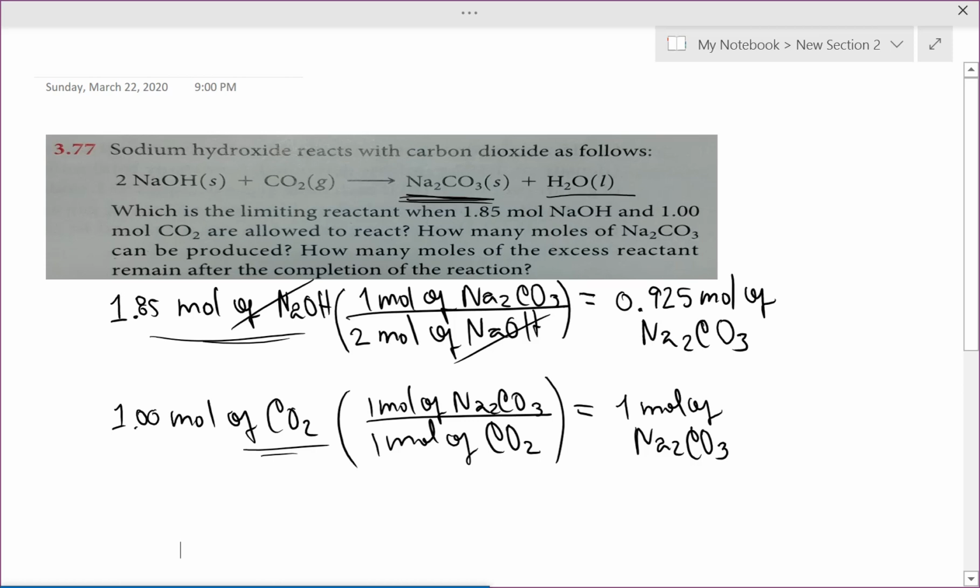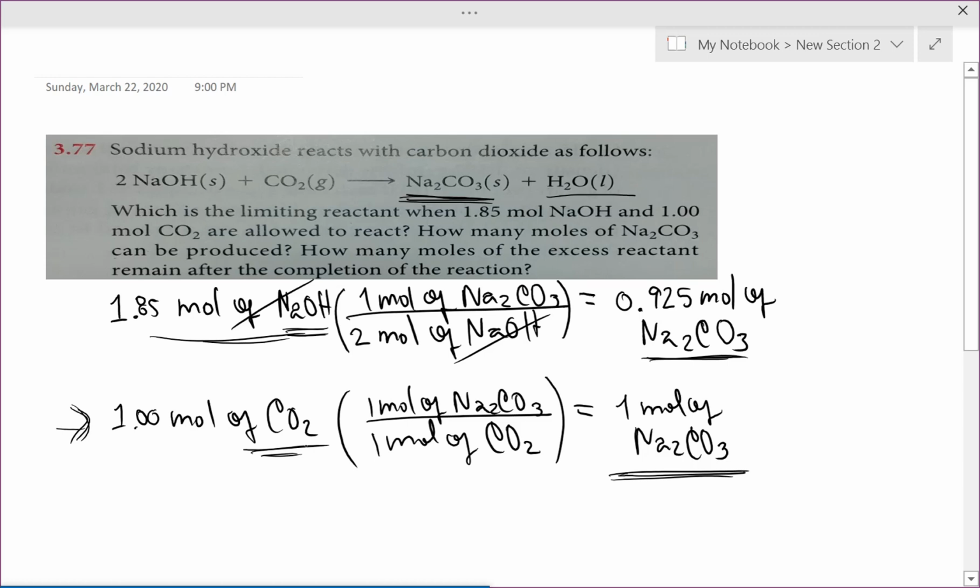As you see on here, I just calculated the moles of the product, assuming that we have sodium hydroxide as a limiting reactant, and in the second case, this is what we got whenever we assume that carbon dioxide is a limiting reactant.